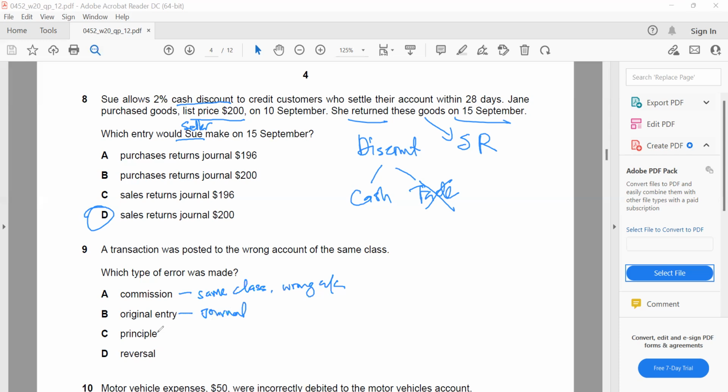Principle is talking about a different class, recorded into the wrong class. Okay, but correct side and correct amount. Complete reversal is where debit becomes credit and credit becomes debit. So here they say wrong account, same class. The answer should be commission.